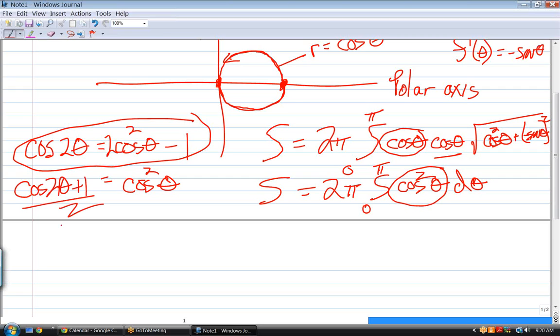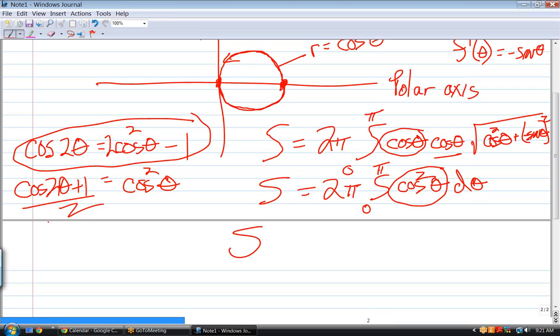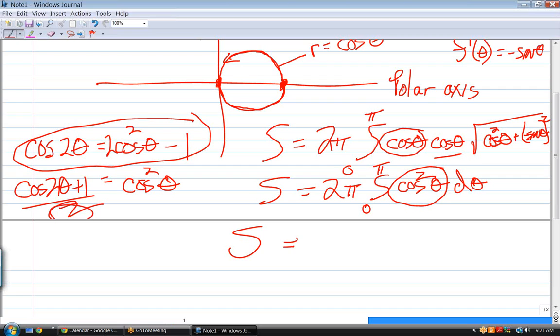Now, this is very easy to integrate. In other words, integrating the cosine of 2 theta is just sine of 2 theta divided by 2. So we're going to use that, and now s becomes, and I'm going to take this 1/2, this bottom denominator of 2 outside the integral sign, canceling out with 2 right there, so it becomes pi.